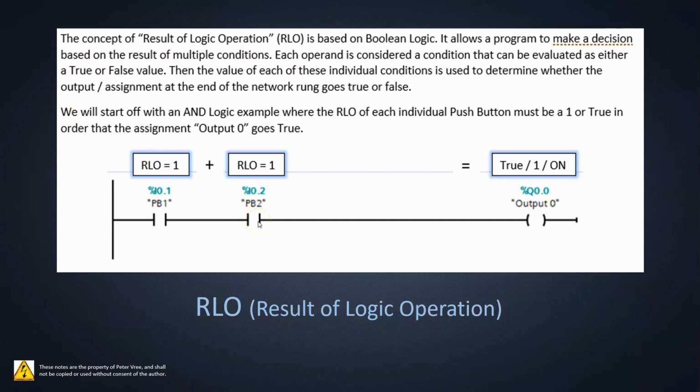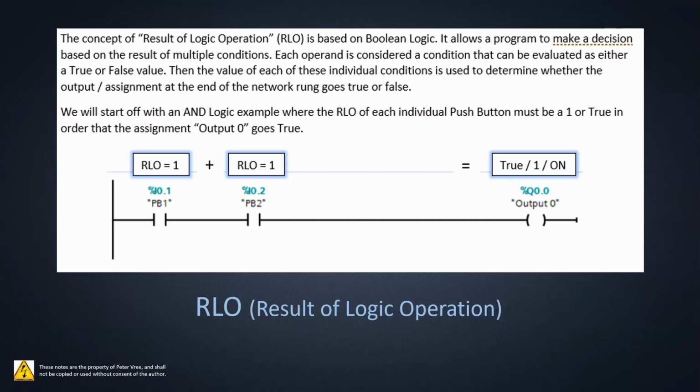For this one here, if I press push button 2 at the same time, and it provides voltage to the input terminal and a 1 in the memory, it's looking for a 1, and so the result of logic operation for this guy will be a 1 as well. This is a 1, and this is a 1, so this is on. And when this output goes on, it is also represented by a 1. So I'll use these three terms kind of synonymously: a 1 in the memory is showing that something's on or that something is true.